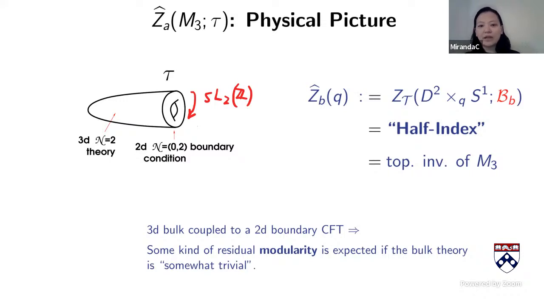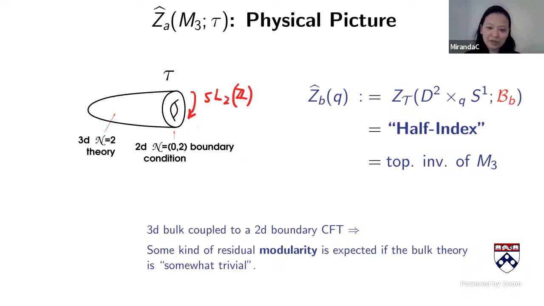Just very naively, we have a 3D space-time, which is a solid torus, and in particular the boundary is a torus. So if you imagine for a moment that your bulk theory living in the bulk of this solid torus is very trivial, then the whole thing should be modular, because it's a mapping class group of your boundary.